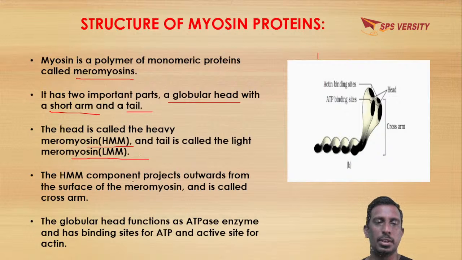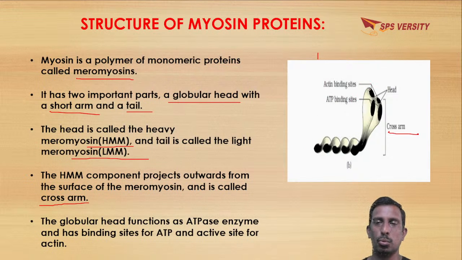The heavy meromyosin component projects out of the surface of the filament. The short arm is called the cross arm. This is the head, this is the cross arm, and this is the tail.